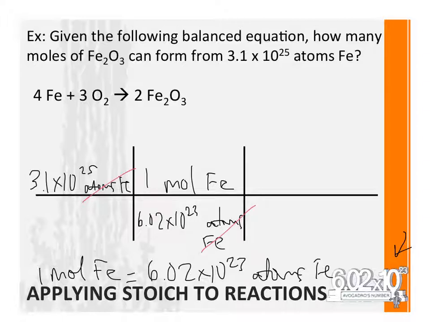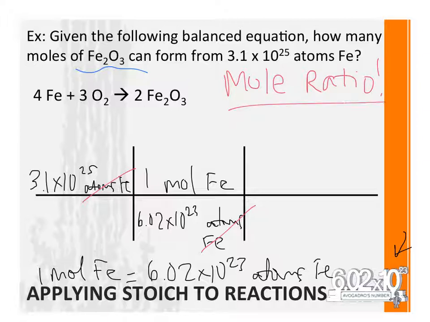I'm in moles of iron, but I want moles of iron 3 oxide. So just like before, we're going to use the mole ratio. And I keep writing it because it's important, and it is the one new conversion factor you have learned in this unit. So we're going to use the mole ratio for every 4 moles of iron, we could form 2 moles of iron 3 oxide.